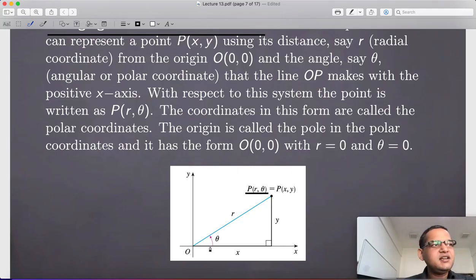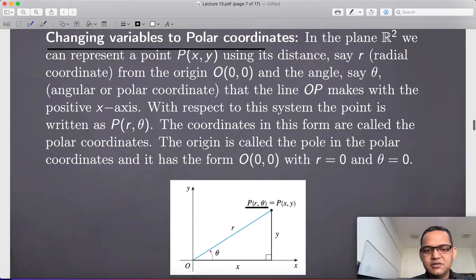It is a different frame of reference to represent the points, but it helps. If I have a circle of radius r, the first coordinate, r, is going to be the same. Only the angle will vary from 0 to 2 pi.